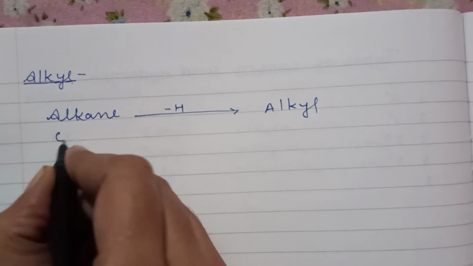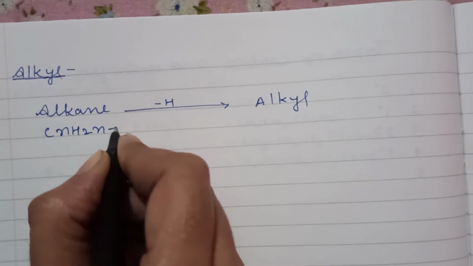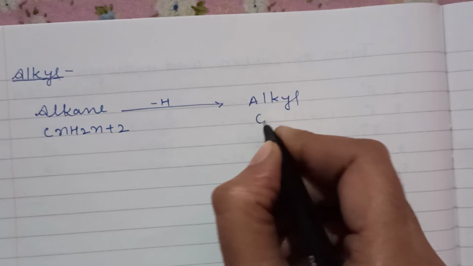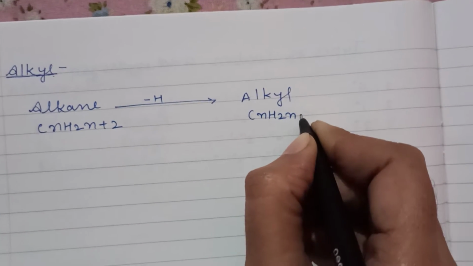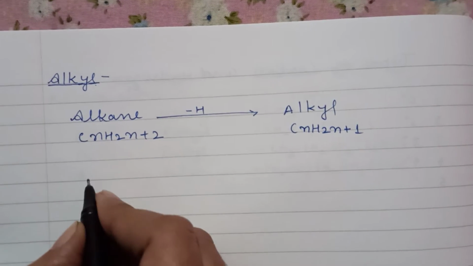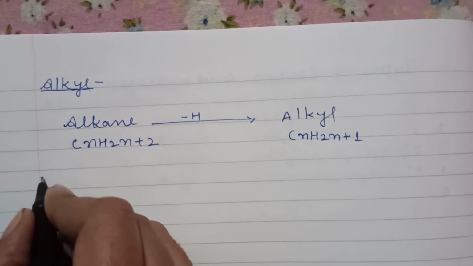The formula of alkane is CnH2n+2. You have to remove one hydrogen, so what will be the formula of this? CnH2n+1.